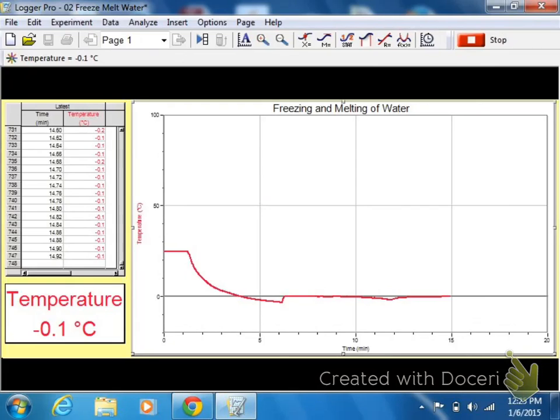Here, there was no heat transfer. Is there heat transfer here? Yes. But it is cooling the water to make it ice crystals. Is there heat transfer here? Yes. But it's warming it up now.